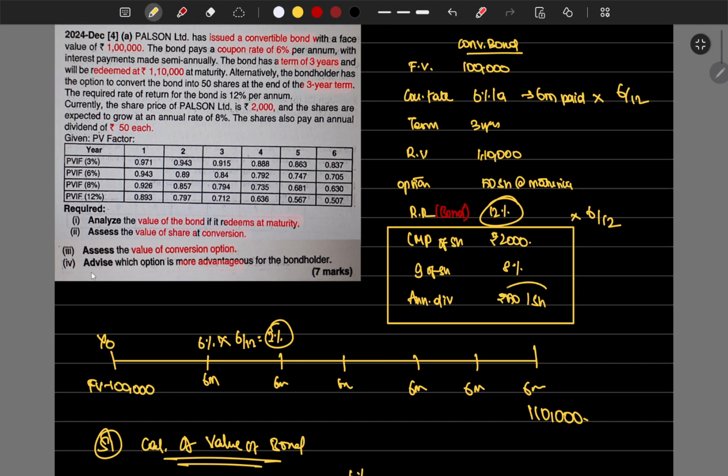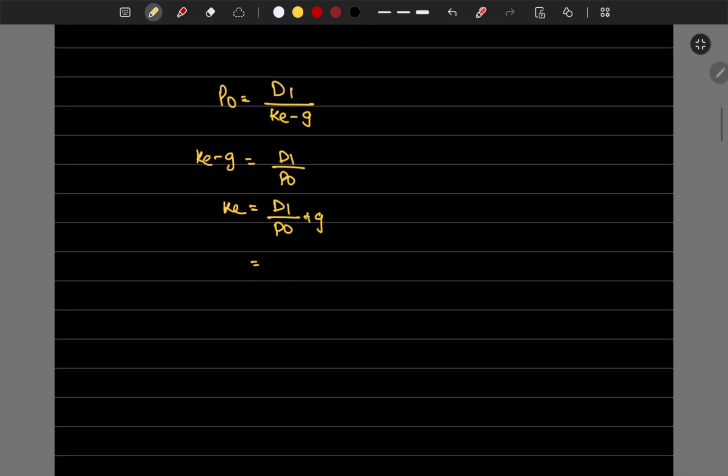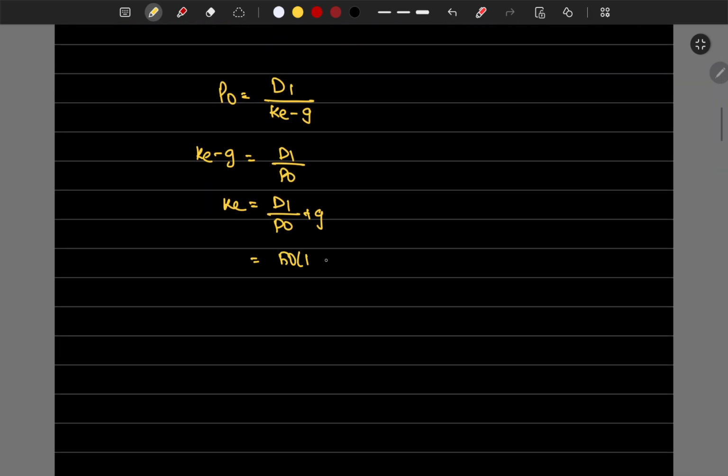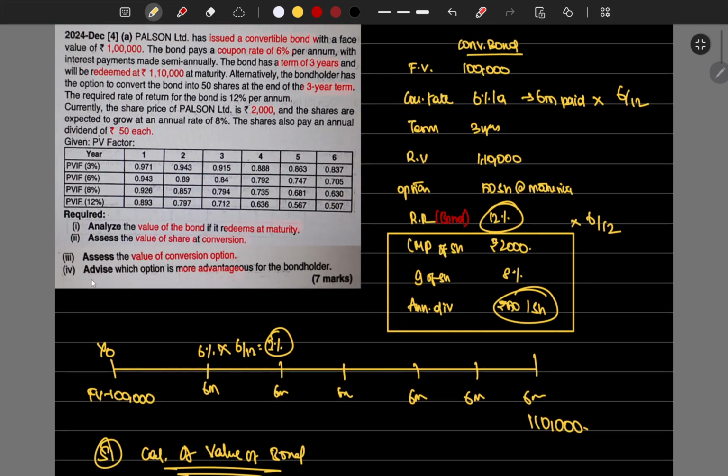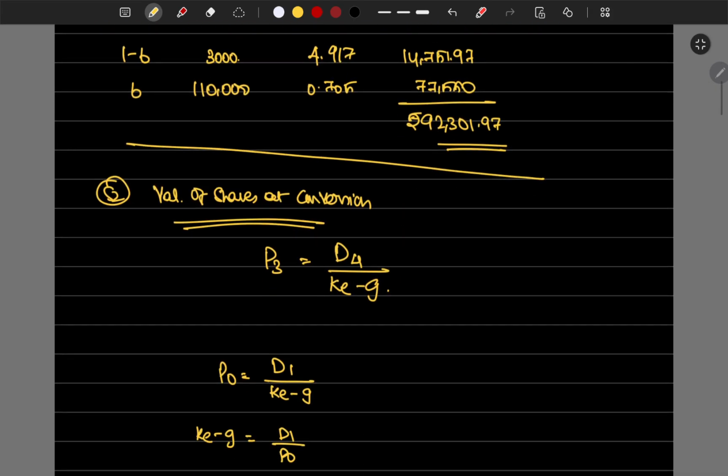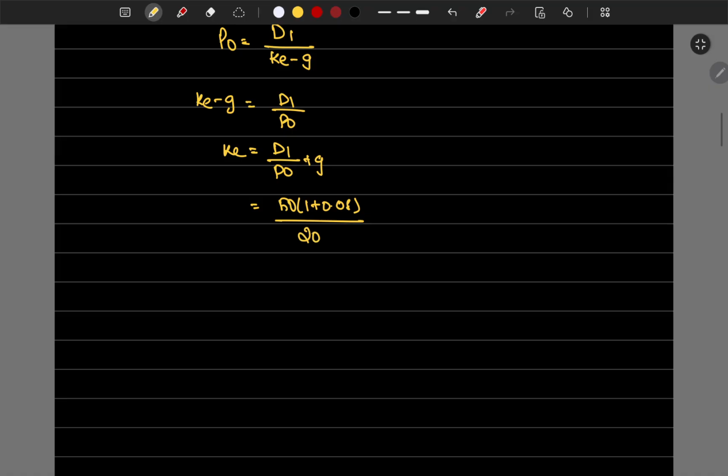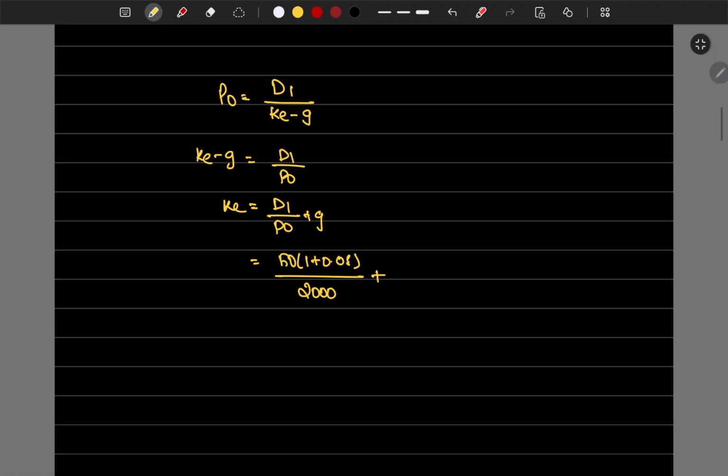D0 value is 50. P0 is 2000, and the growth rate is 8%. So KE is D0 into (1 plus G) divided by P0, plus G, where G is 0.08.